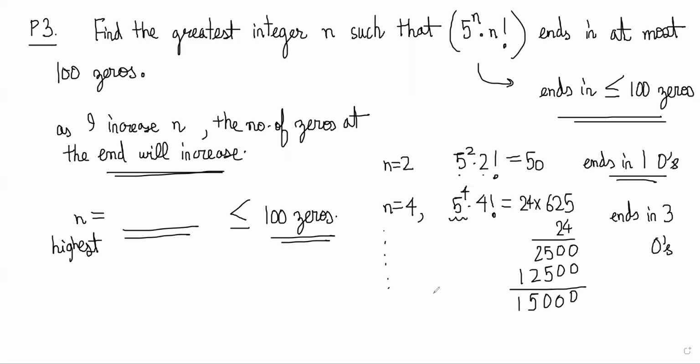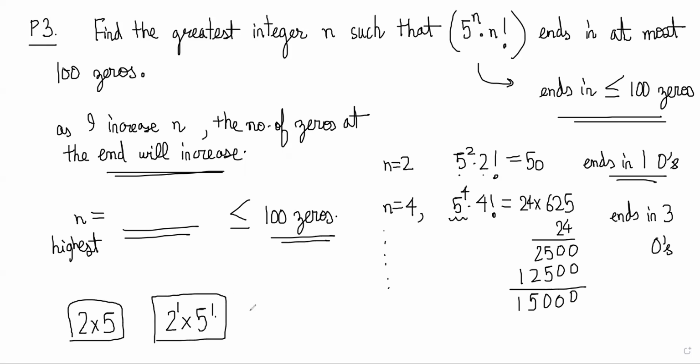Think about it. How do you get a 0? You get a 0 when you have a multiplication of a 2 and a 5, right? Every time there is a 2 power 1 and a 5 power 1 in the prime factorization of a number, you get a 0. So to count the number of zeros, you have to count how many 2s and how many 5s are in this number.